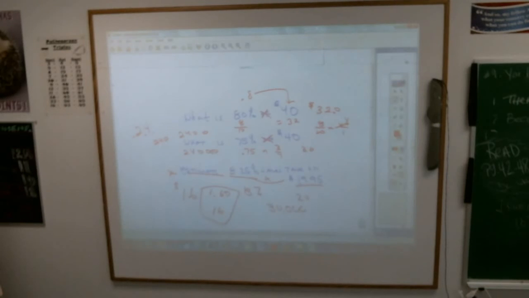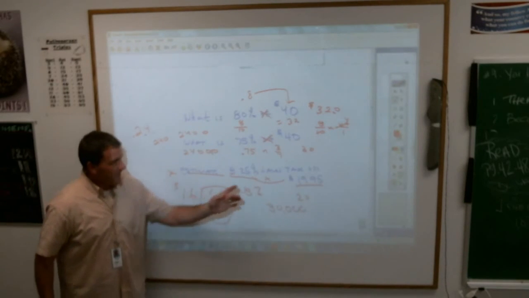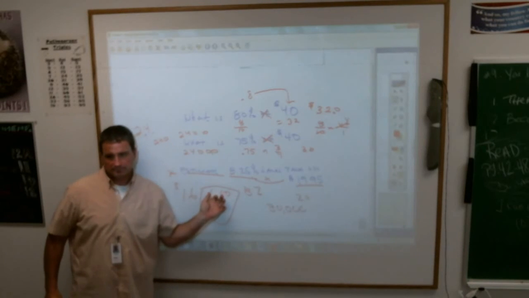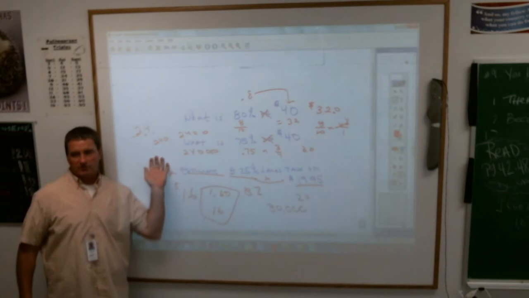Nobody? $240 in tax on a car. Alright, who hasn't got their hand raised? Taylor, what do you think it is? $2. Taylor, we just paid $1.60 on $20. So we're bumping up to $30,000, and we think it's only gonna be $2.40?